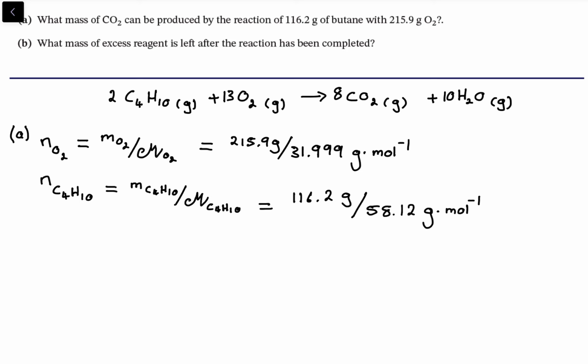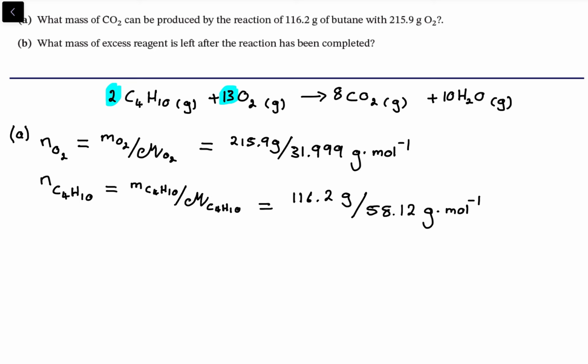Okay, before I write down these numbers, let's quickly look at what the chemical equation tells us. The chemical equation tells us that 2 mole of butane will react with 13 mole of oxygen. Hence, 1 mole of butane will react with 6.5 mole of oxygen.